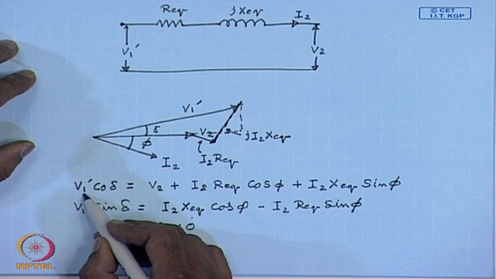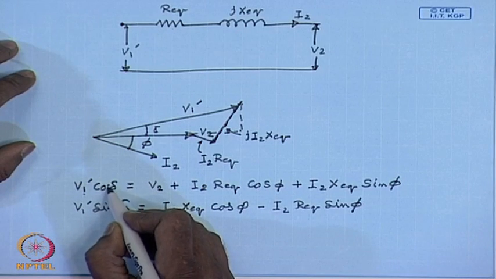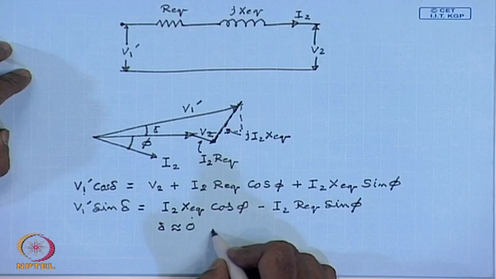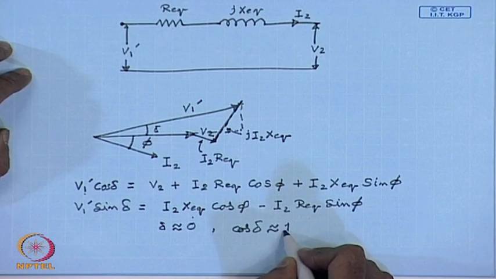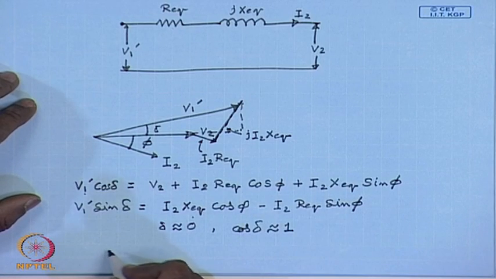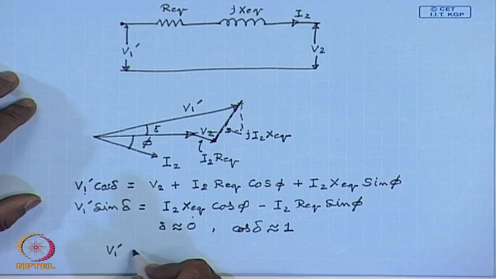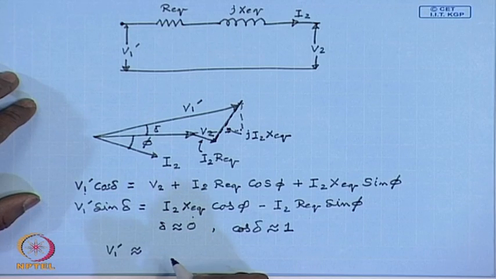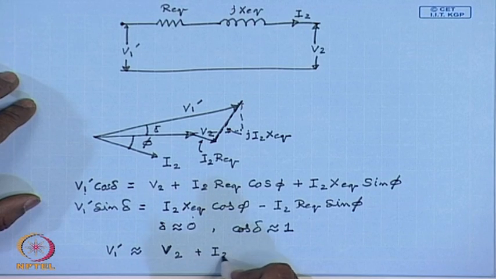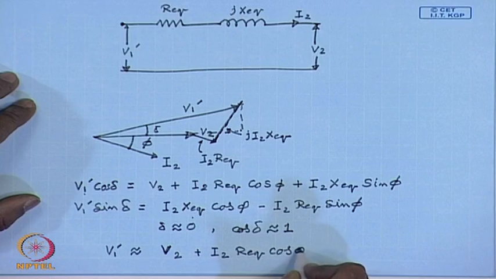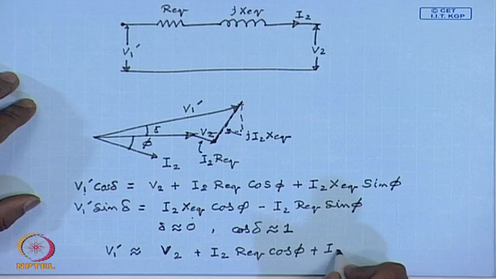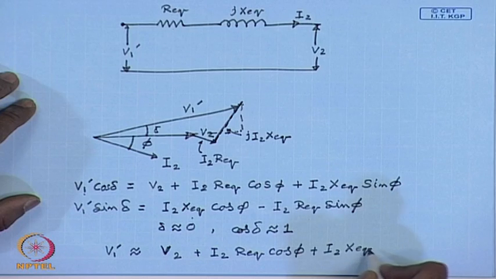Therefore, cos delta is approximately equal to 1. Hence, V1 dash is approximately equal to V2 plus I2 Req cos phi plus I2 Xeq sin phi.